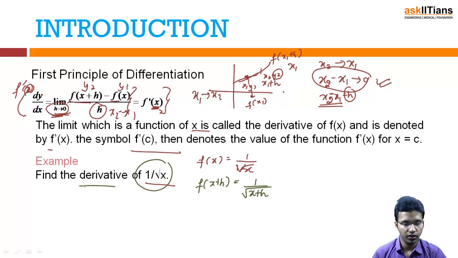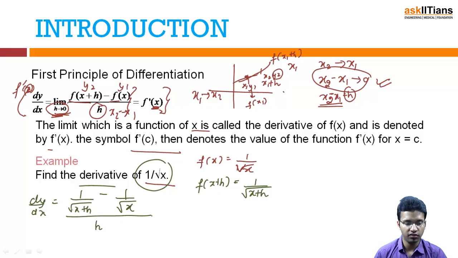So if I write dy by dx using the above definition, it goes like this: 1 upon root x plus h minus 1 upon root x, over h, limit h tends to 0.